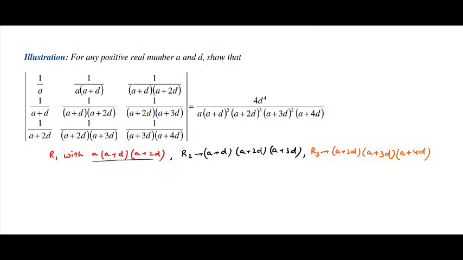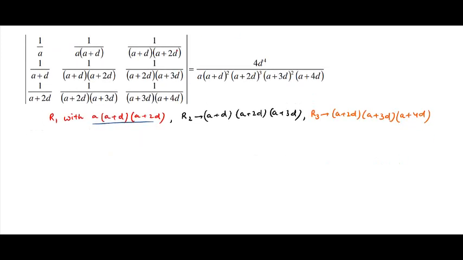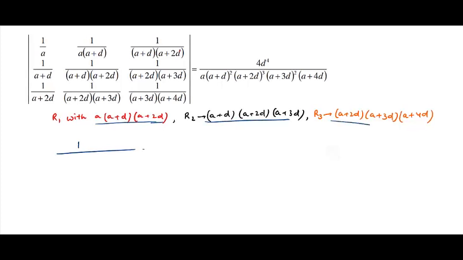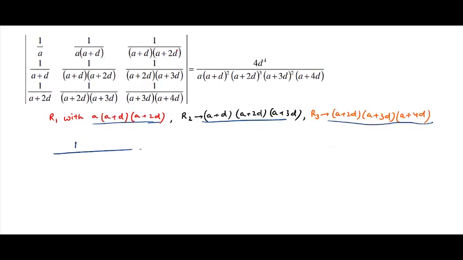So on the outside of the determinant, we are multiplying the determinant with these particular elements, so outside we have to divide. We get 1 upon a, then observe that a plus d appears 2 times, at this position and at this position.